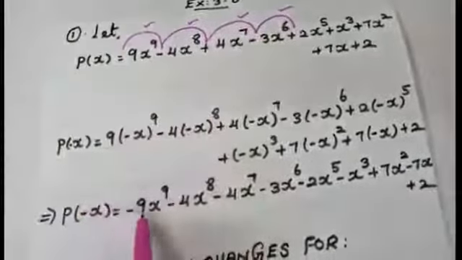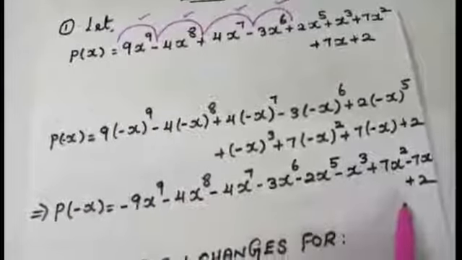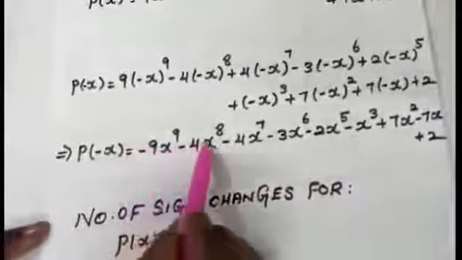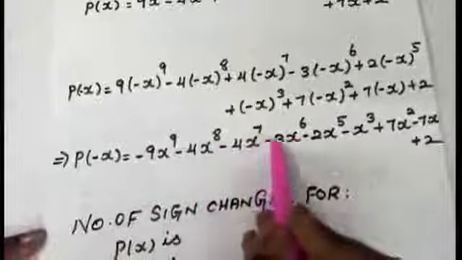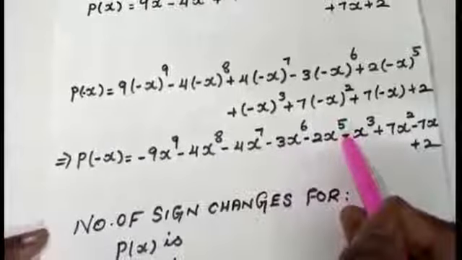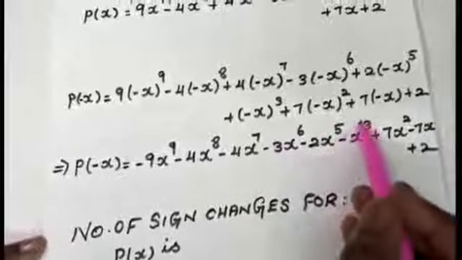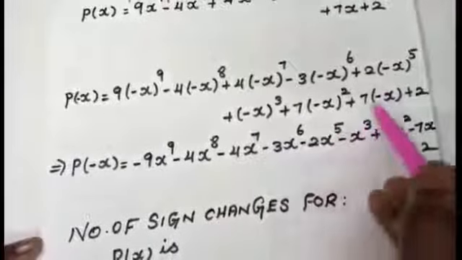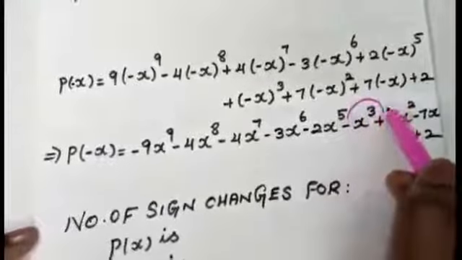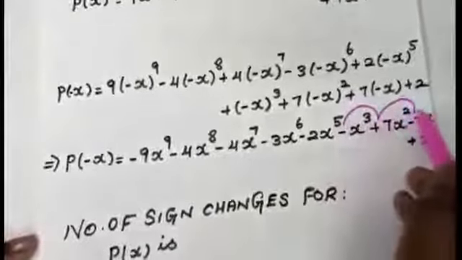After calculating, I will get it in this form. Now check here: negative, negative, negative, negative, everything is negative. In this place, while jumping, I am getting positive. Minus to plus, one jump. Again plus to minus, another jump.